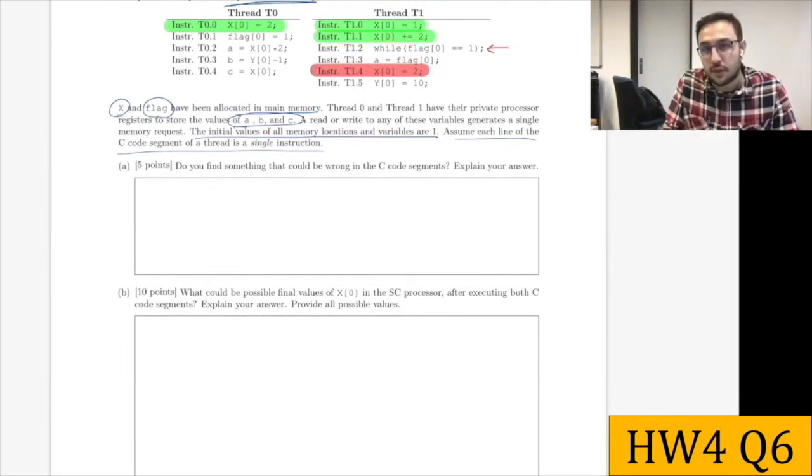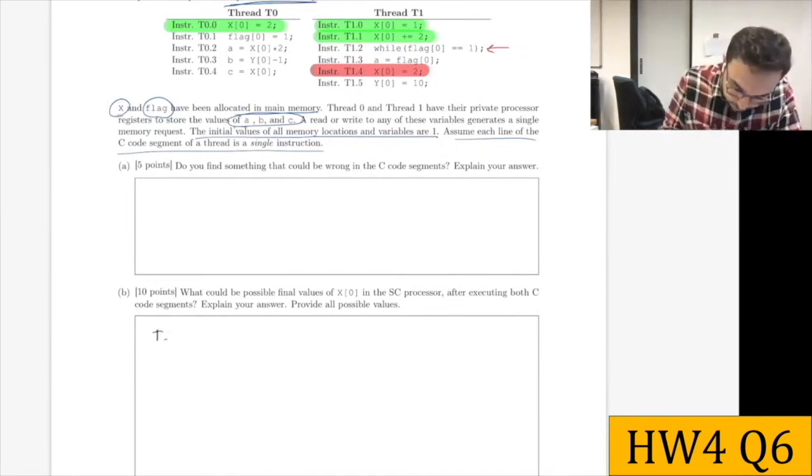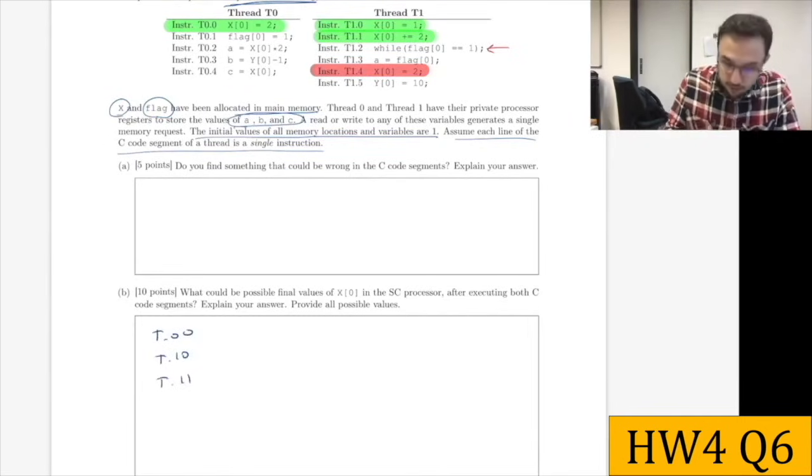These instructions can execute in different orders. Sequential consistency guarantees that T11 will be executed after T10. So all the possible orderings are just 3 of them. T00, T10, T11 is one.